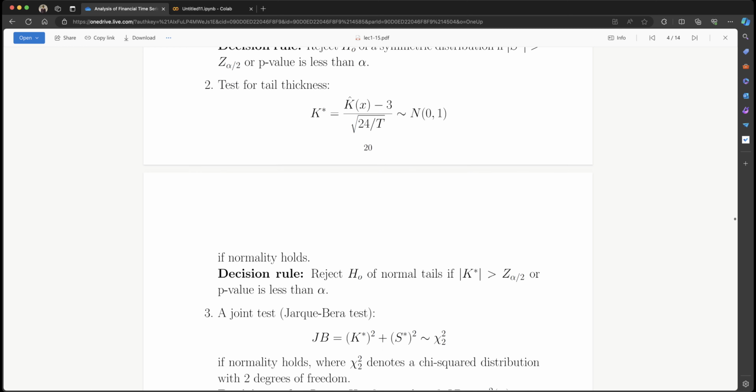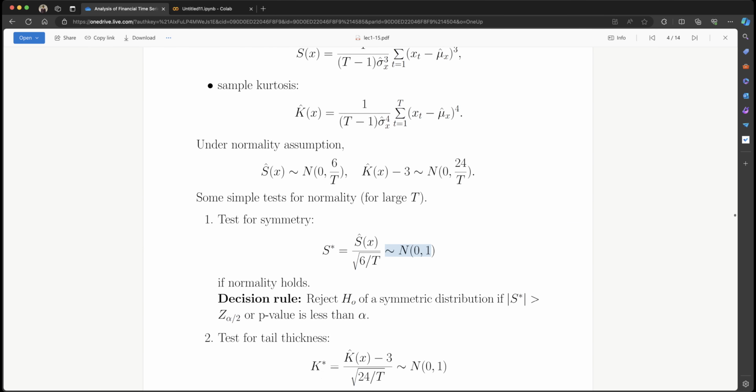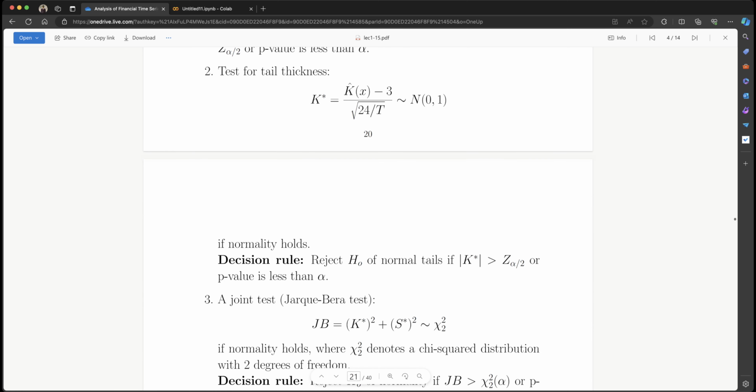So we have two normal variables here, and we square them and add them. Then it becomes chi-square distribution with degree of freedom 2, only when normality holds.